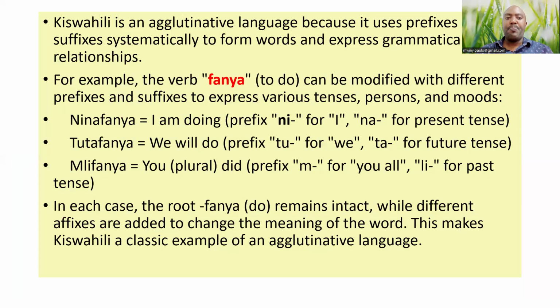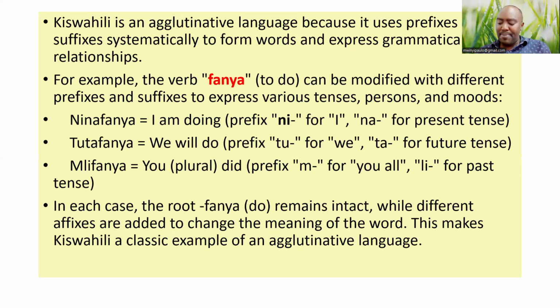We move on. Let's look at Kiswahili, or Swahili, as an agglutinative language. Kiswahili is an agglutinative language because it uses prefixes and suffixes systematically, in a consistent and predictable way, to form words and express grammatical relationships.